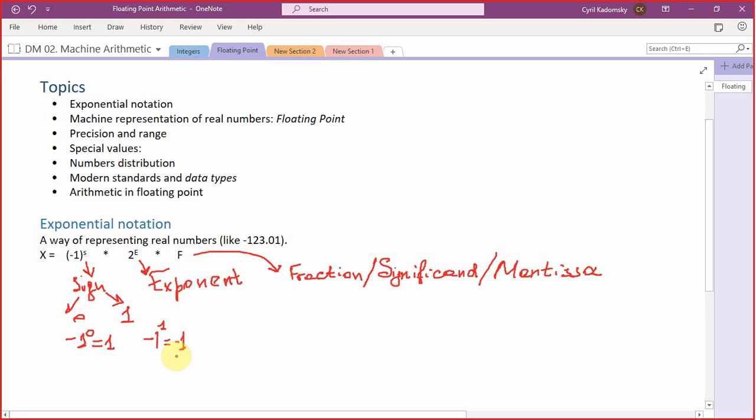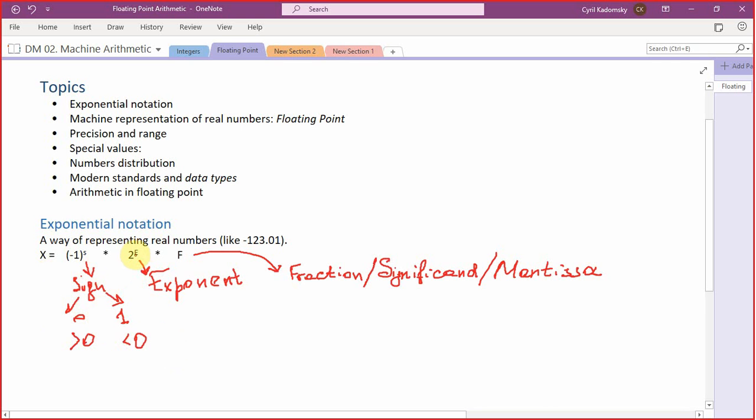So in this case, if the sign is 0, our number is positive. If the sign is 1, our number is negative. That is why this value S is called sign. It defines positive or negative.